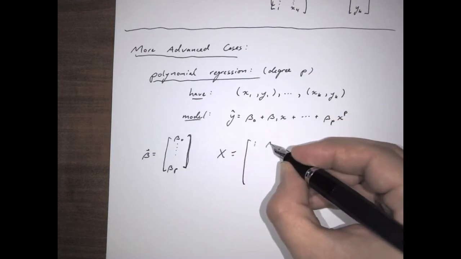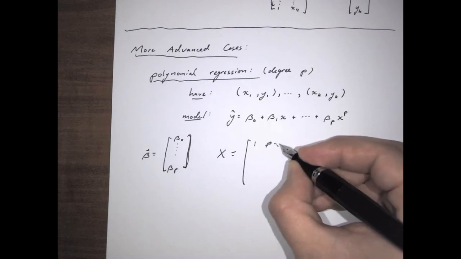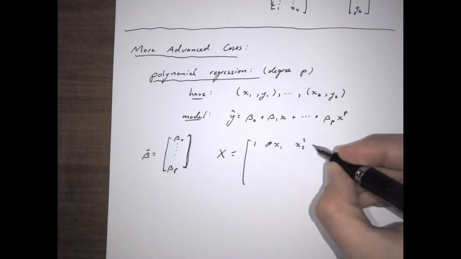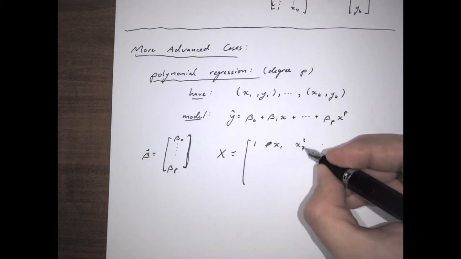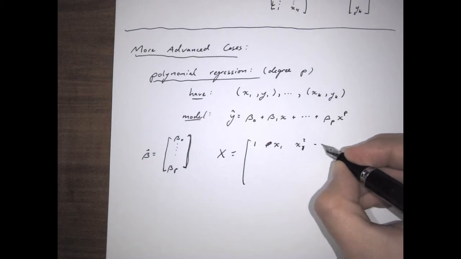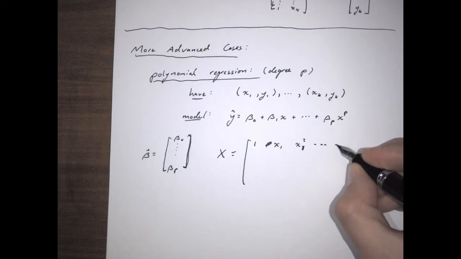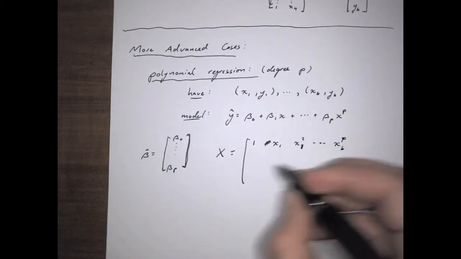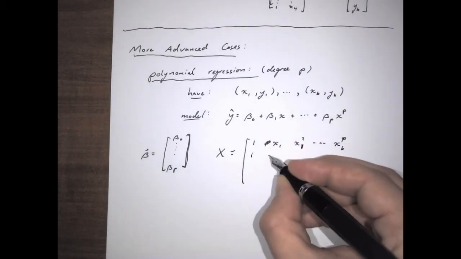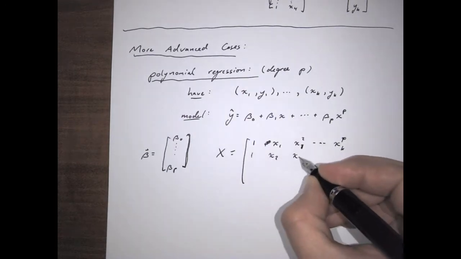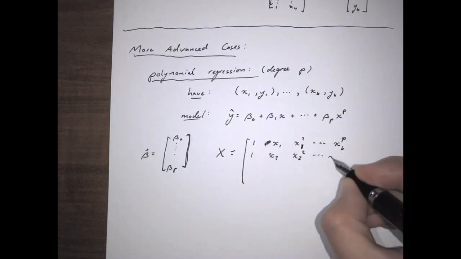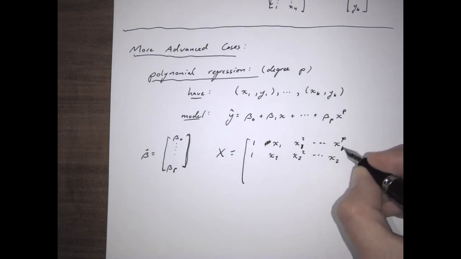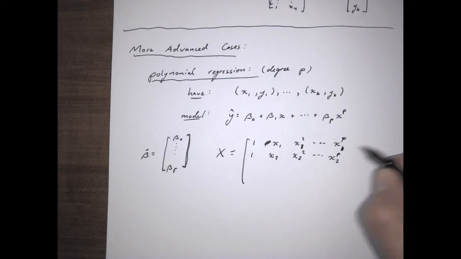It'll be just x1 on the beta 1, x1 squared, dot dot dot, all the way until you get to the last one, x1 to the p. And then the next row will be 1, x2, x2 squared, dot dot dot, and then x2 to the p.